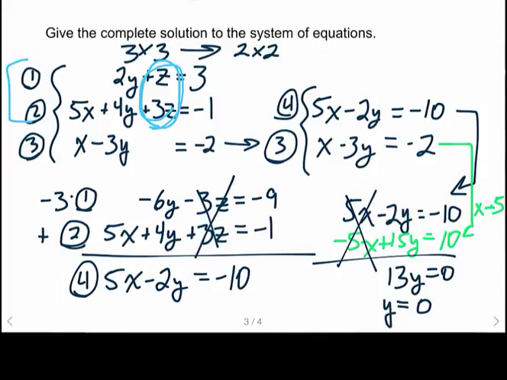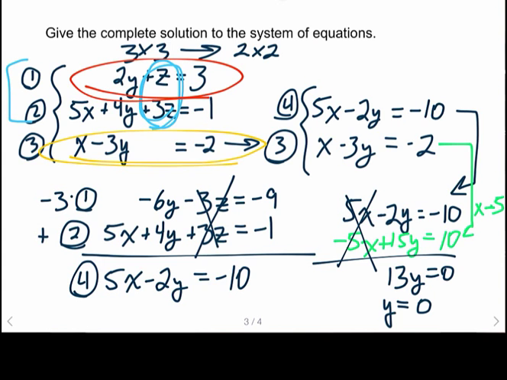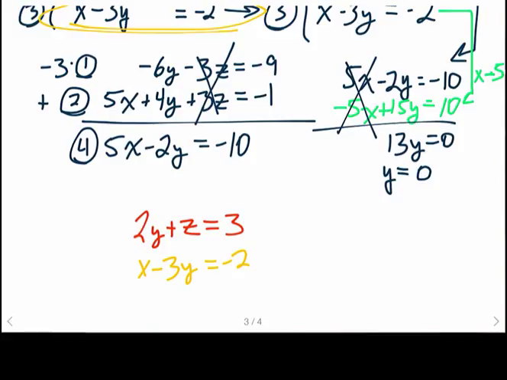Now y equals 0 for all of the equations. So what I can do is rewrite equations 1 and 3, which I'll do down here. So for 2y plus z equals 3, if y equals 0, then that gives me right away that z is equal to 3.